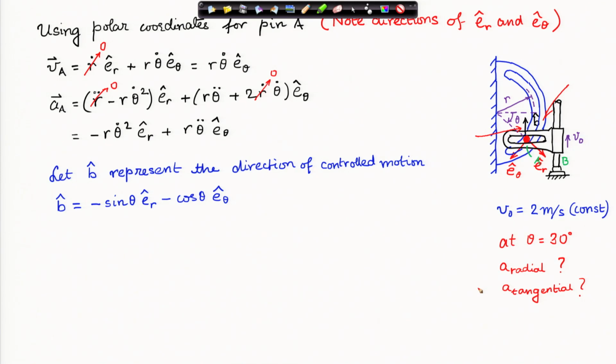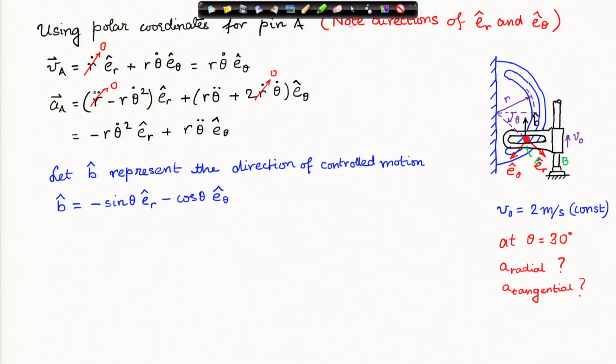I represent b cap in e_r e_theta coordinates, in the polar coordinates that I am using. You should be able to find this representation of the unit vector vertically upwards as minus sine theta e_r cap minus cosine theta e_theta cap. So, this is the representation of this controlled motion direction, which is vertically upwards, the representation of b cap in the e_r e_theta coordinate system.